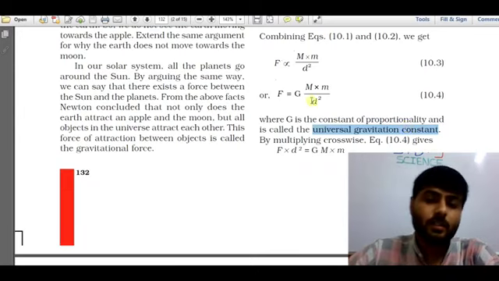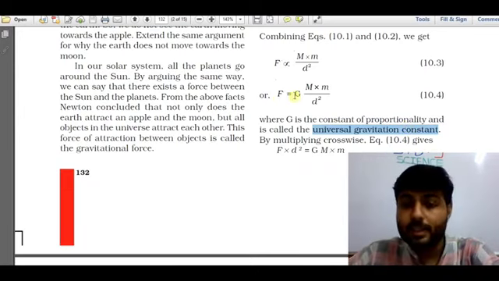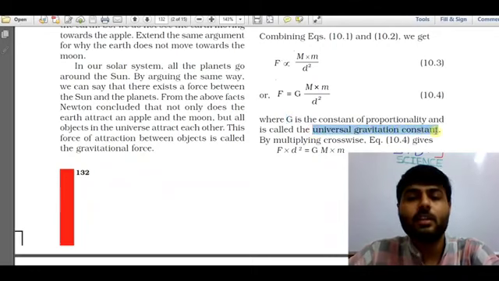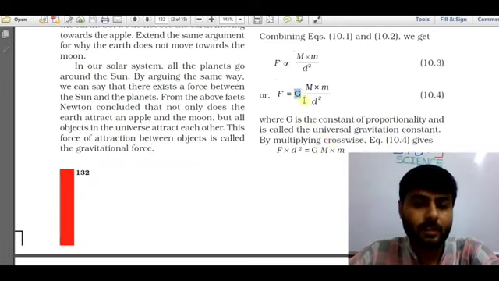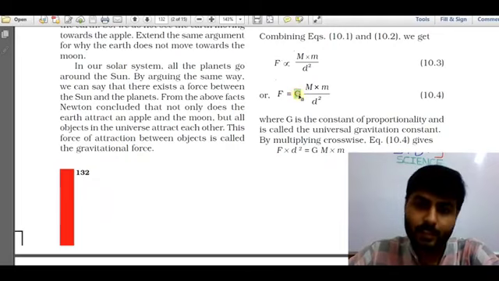So we have this proportionality constant G, which we denote by capital G, and it is known as universal gravitation constant. Now, if we want to find SI unit of this G, what we have to do? We have to make G the subject.